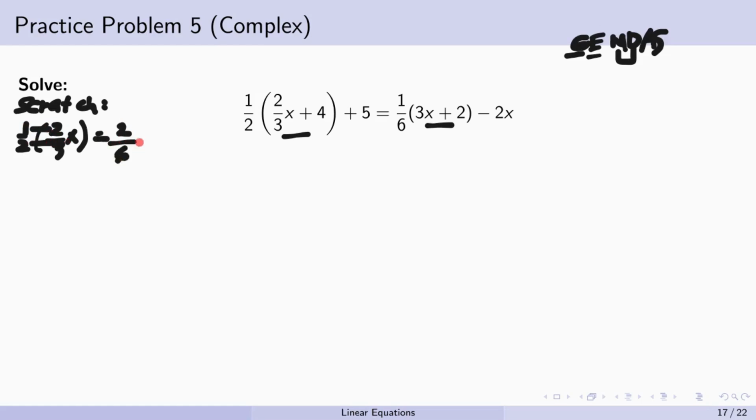Then copy x. And if you want to simplify it, think of a number that you can divide to both of 2 and 6. So they are both divisible by 2. 2 divided by 2 is equal to 1, and 6 divided by 2 is equal to 3. Therefore, 2/6 is simplified as 1/3, then copy x. The first multiplication is equal to 1/3 x.